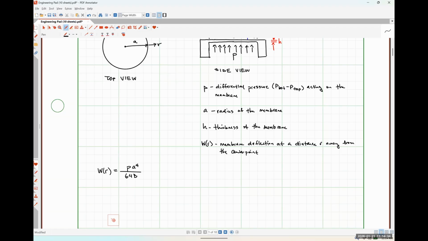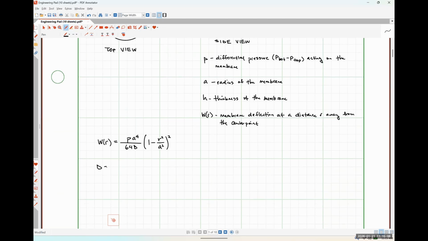But it's a measure in some sense of the ductility or the stiffness of that membrane. And I'm going to give you guys an expression for it in a moment, and then we're just going to fold it into the equation anyway. So P a to the fourth over 64D times 1 minus R squared over A squared, squared.